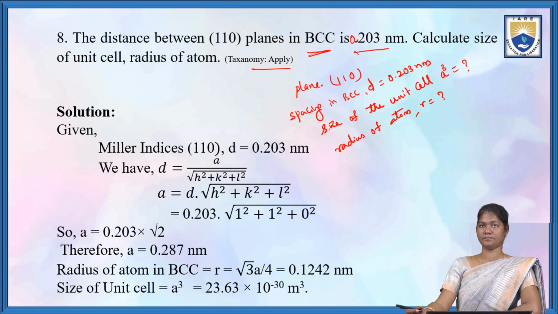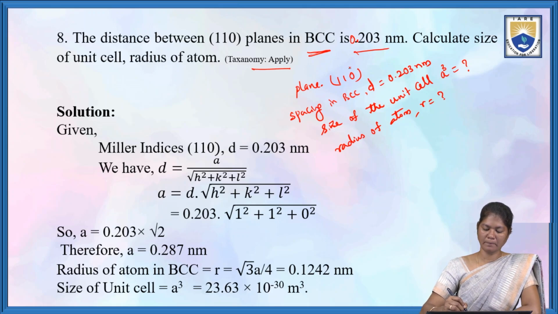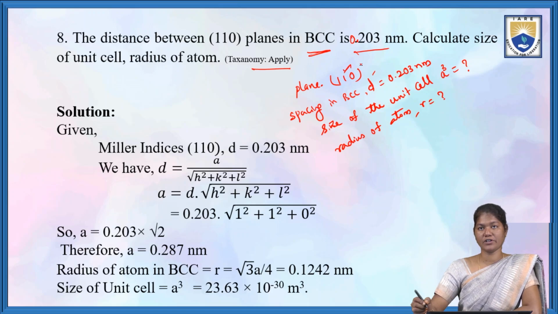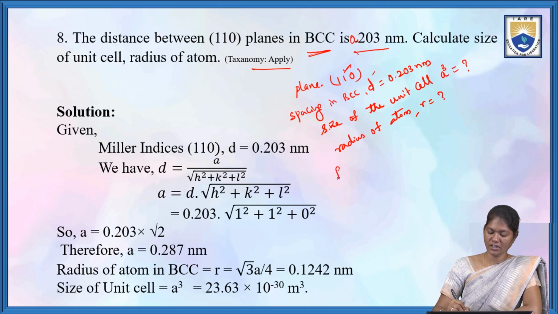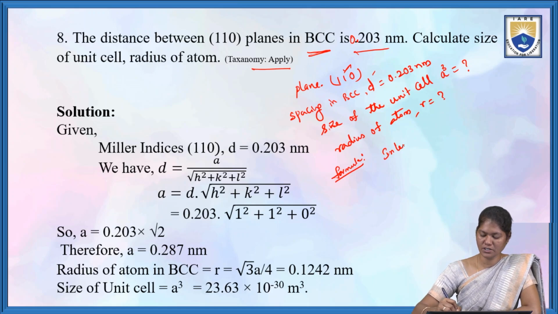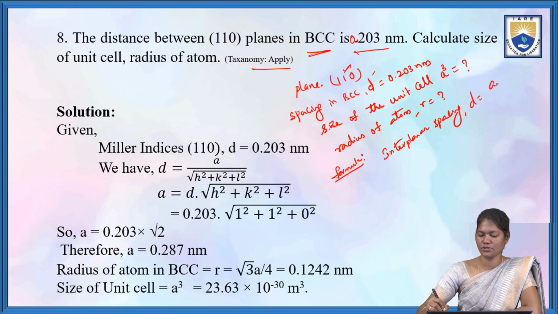For that, first, by using the d and the plane, we can find the a value. The formula which we are using is interplanar spacing: d is equal to a by root of h square plus k square plus l square.